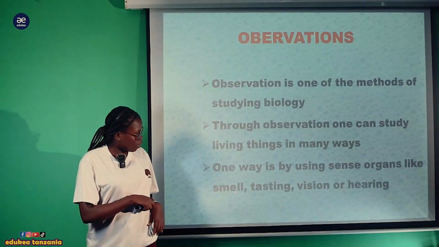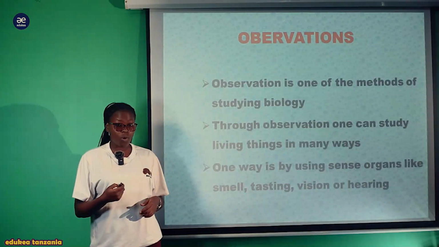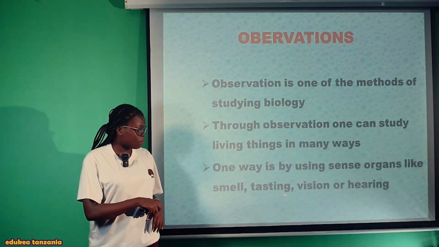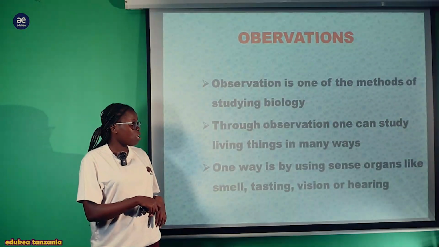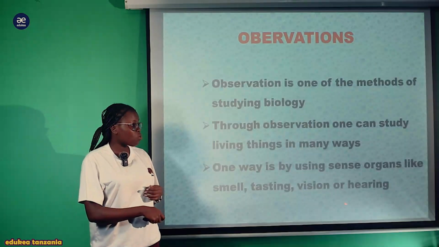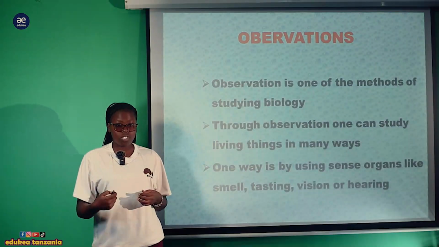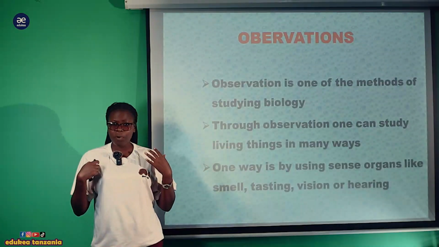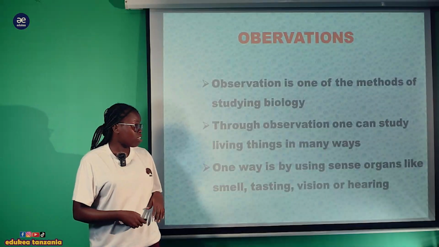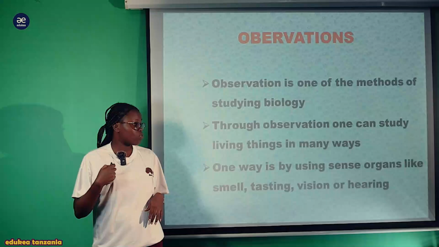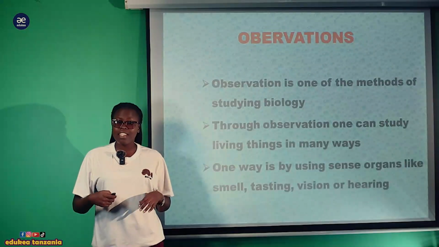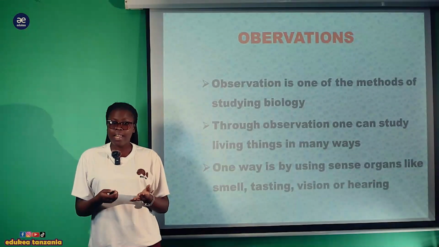You can smell by using your nose, you can taste something using your tongue, you can see something using your eyes, and you can hear something using your ear. So when you smell, taste, see or hear something, that is all about observation.